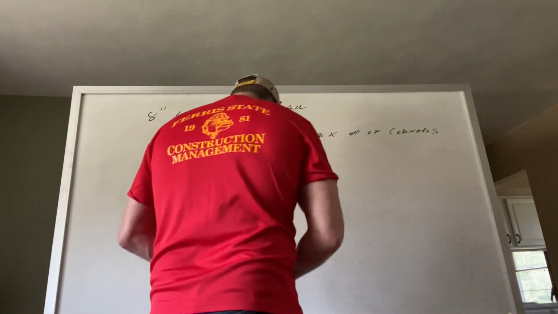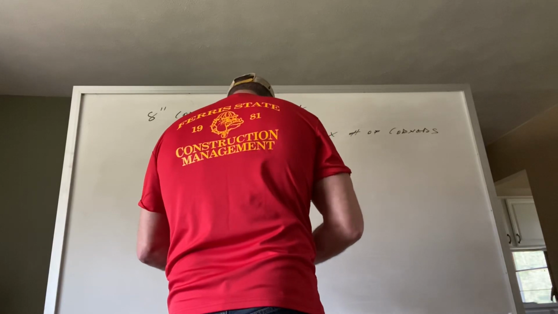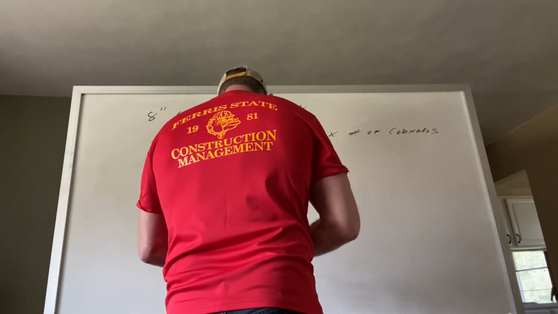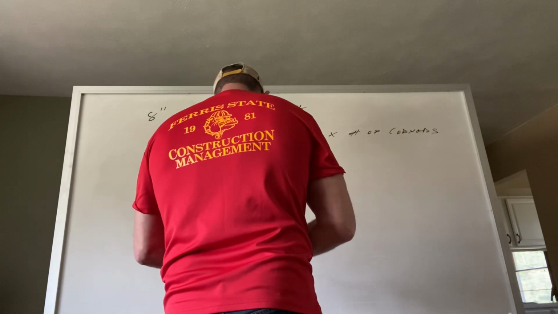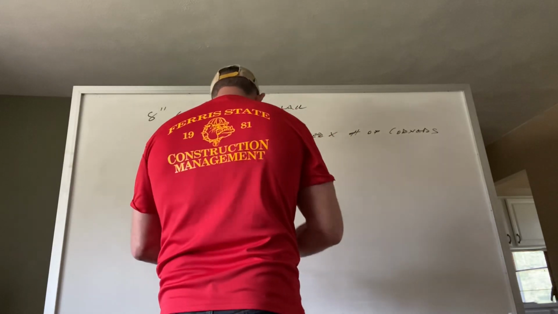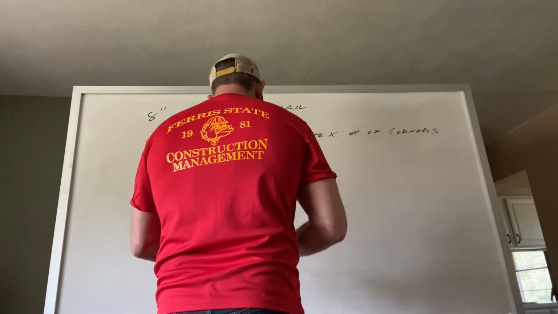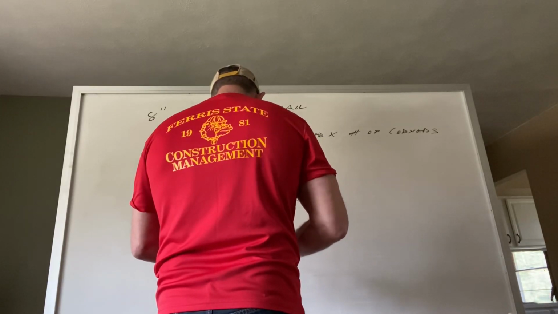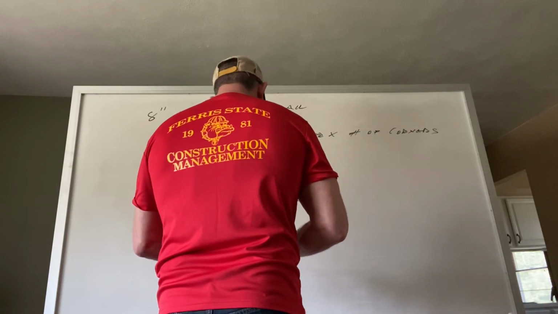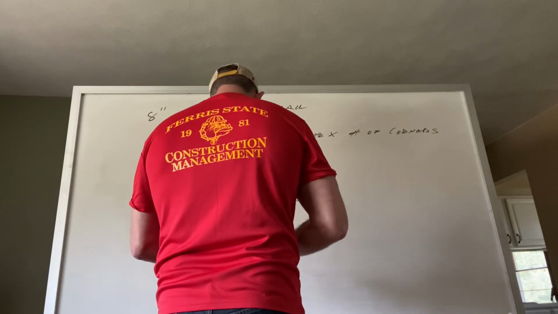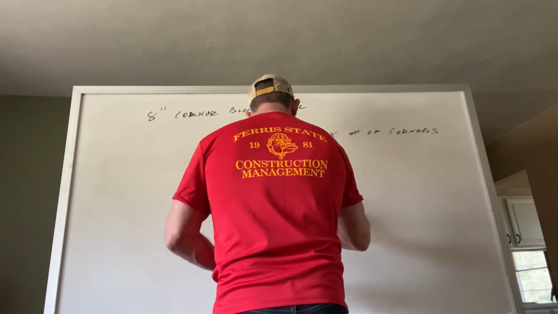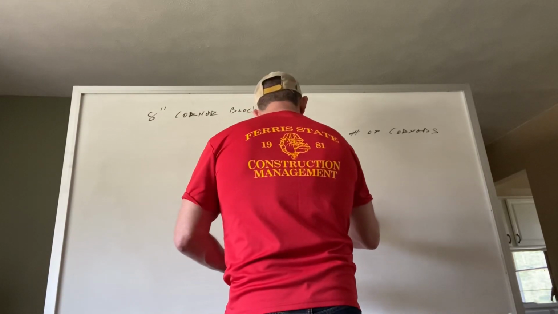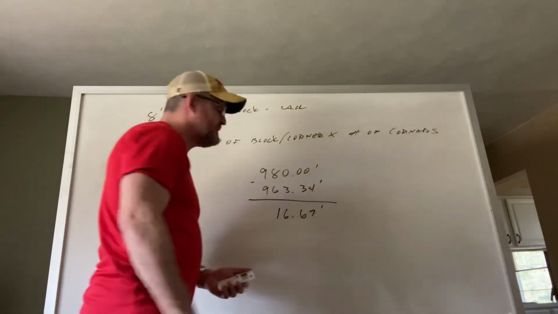We can do it on our calculator. So we get that our wall is 16.66 or 67 feet tall.